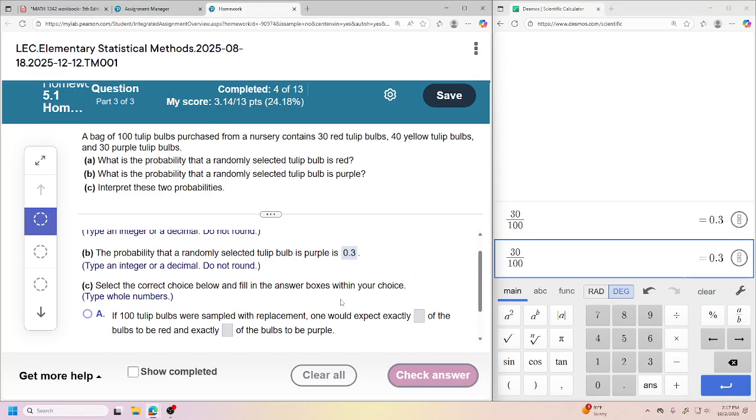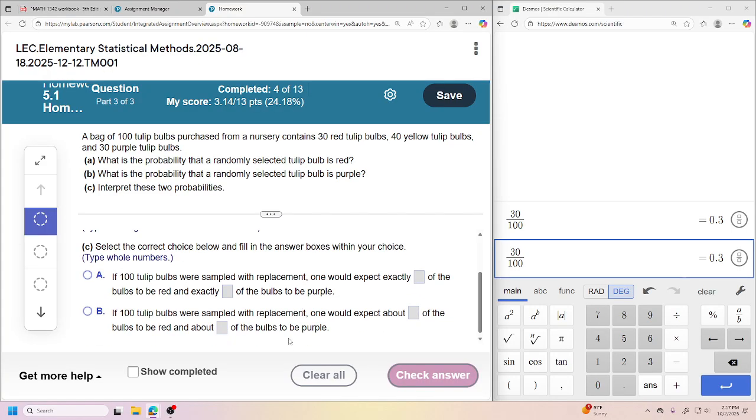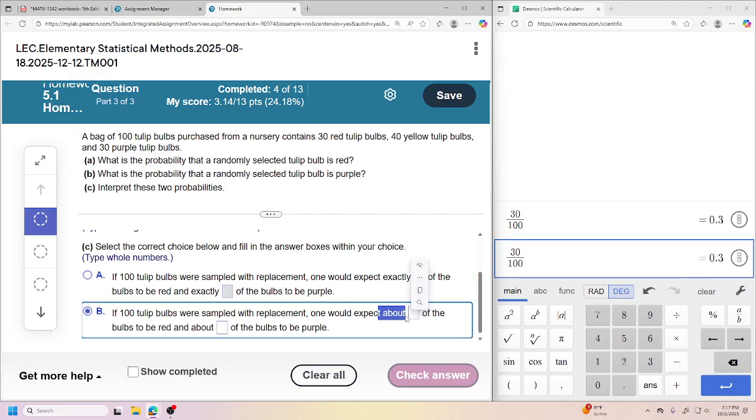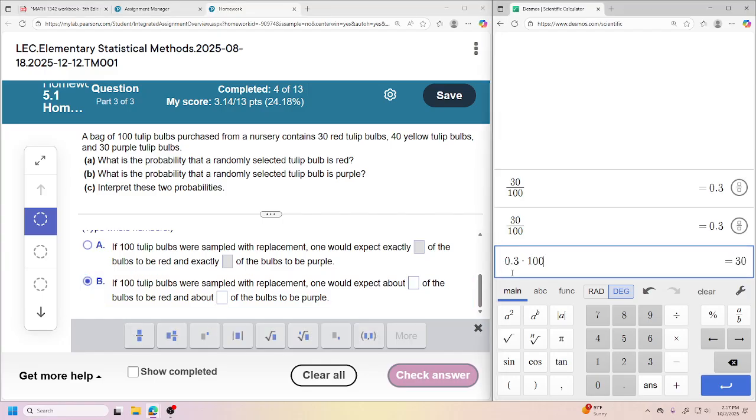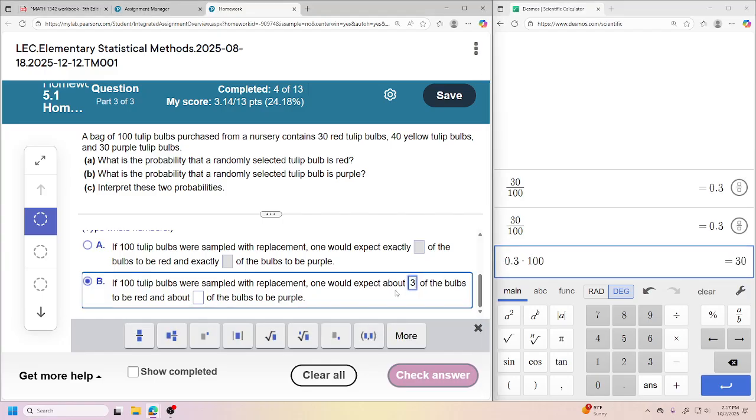And then they say if you're going to do this 100 times, then what would it be? So we got 100 tulips without replacement. What's the difference here? Exactly versus about. I'm going to say about because it's never perfect. That 0.3 times 100, which is kind of funny, back to 30 again.